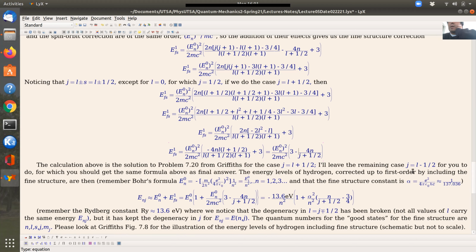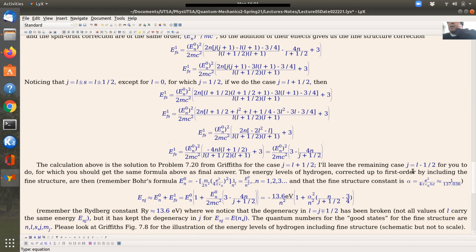What you can do is add it to the unperturbed energies to get the formula for the energy up to first order, because it's the 0th order plus the first order correction. So we're going to use this for some factorization. And again, remembering also the fine structure constant is made of these terms and is of the order 1 over 137.